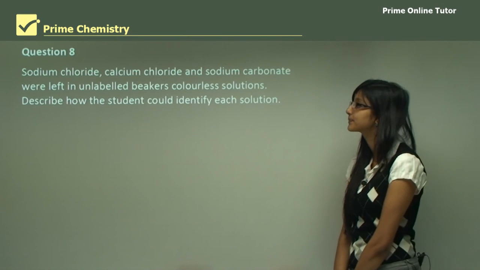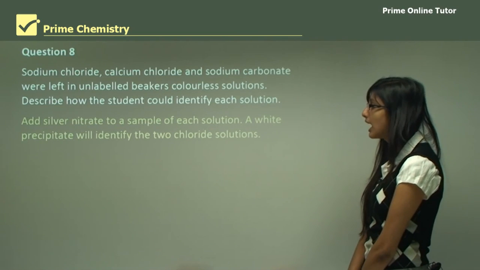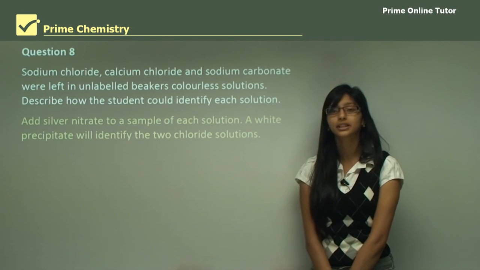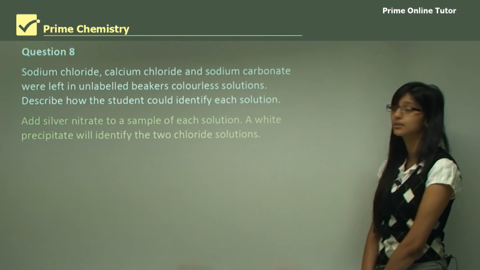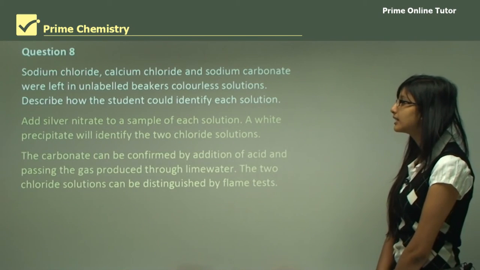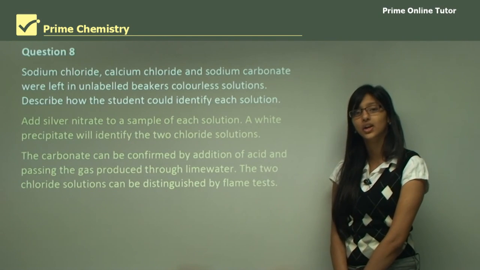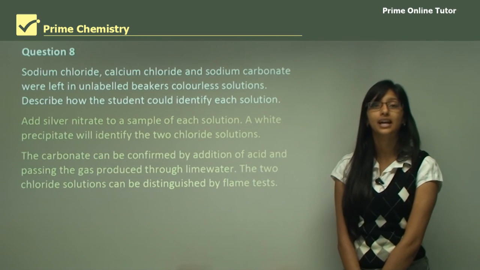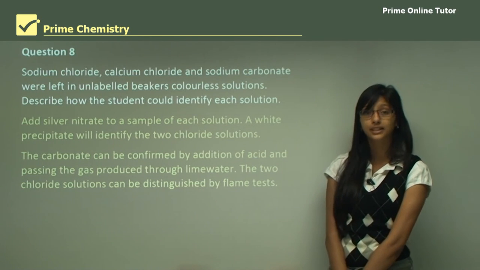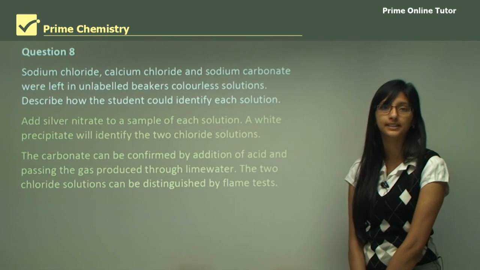First, if we add silver nitrate to a solution and a white precipitate forms, it will identify that chloride is present. And how do we distinguish between the chlorides? The carbonate can be confirmed by addition of an acid, because we already know that if we add nitric acid to a solution and bubbles of gas are produced, those are carbon dioxide, and that will indicate that carbonate ions are present.